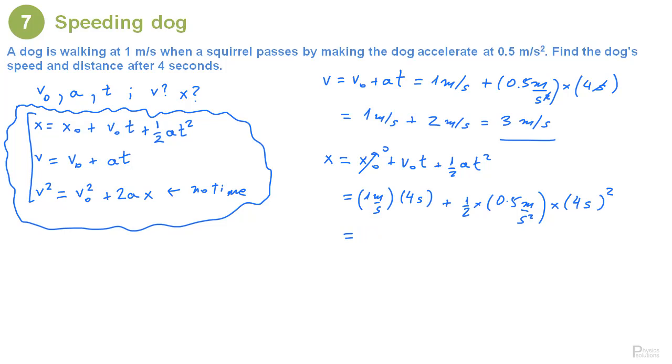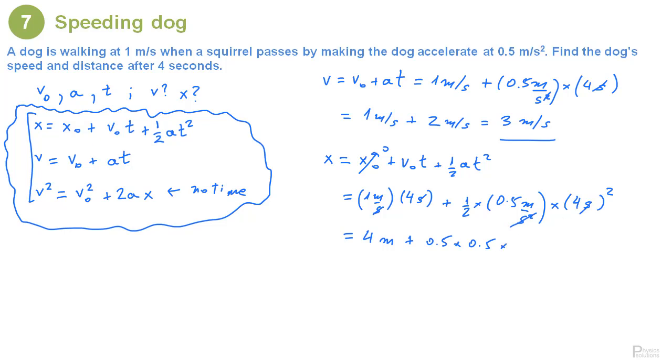Again, we don't need the calculator here. This is 1 times 4, that is just 4. We have seconds times meters per second. This is just meters. Plus, we have 0.5 times 0.5. We have seconds squared divided by seconds squared, so this will cancel with this.